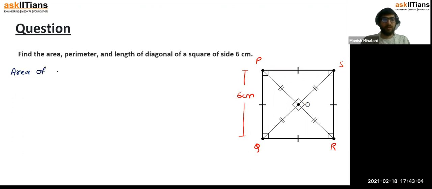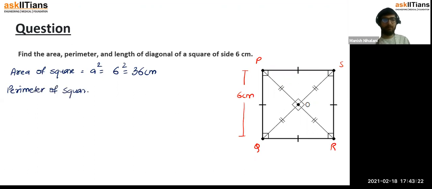Area of a square is a squared, so this would be 6 squared, which is 36 square centimeters. Similarly, perimeter of a square would be 4 into side, that is 4a, which is 4 into 6, which is 24 centimeters. So area would be 36 square centimeters, and perimeter would be 24 centimeters.